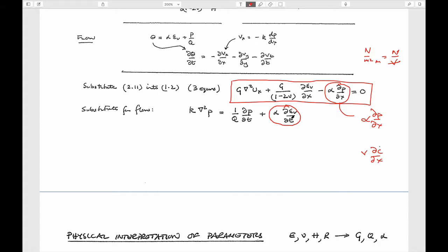Something changing with time. But of course, volume strains are equal to the rate of change of displacement in the x direction with x, plus the rate of change of the displacement in the y direction with y. And so, although this looks like a constant, which is a zeroth order term, it's a first order term. First order in space because of these two terms here.